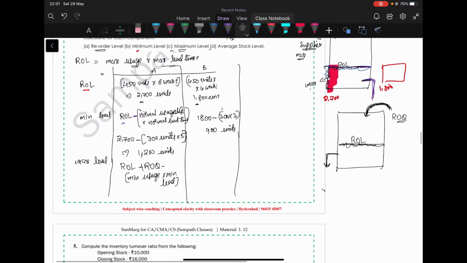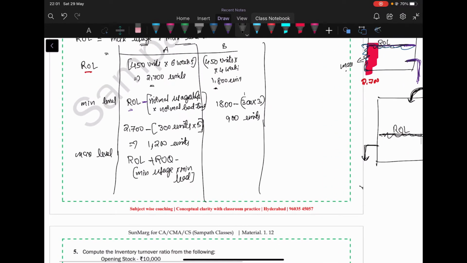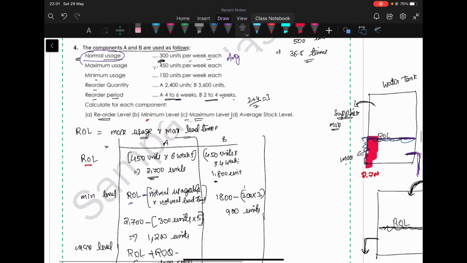So how to write? ROL, reorder level, is how much? Reorder level is 2700 plus reorder quantity. Somewhere we have seen reorder quantity given in the question.